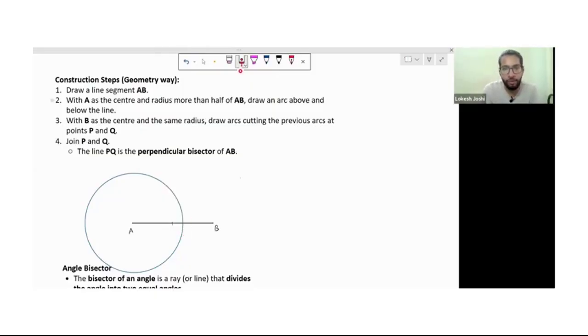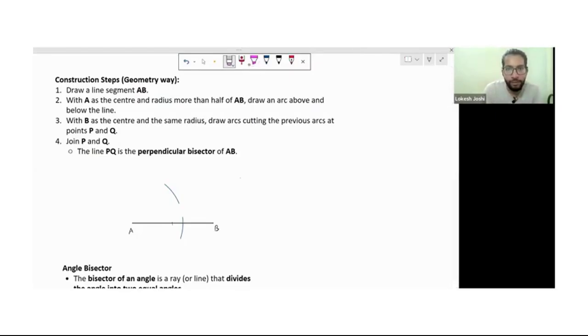Radius more than half of AB. Draw an arc above and below this line, which means one arc there and one there. Let me draw this. One arc there and one above the line. I have to make two arcs.